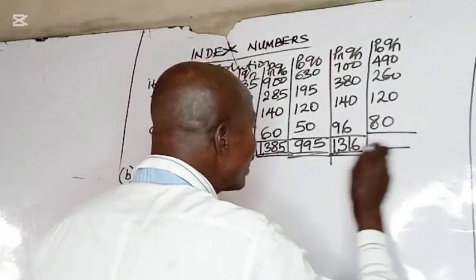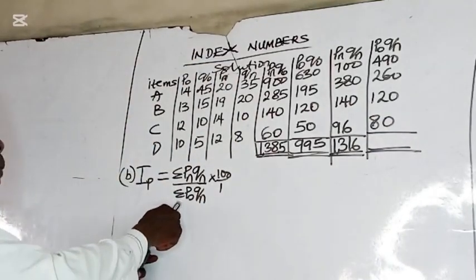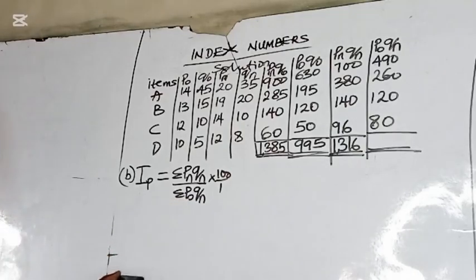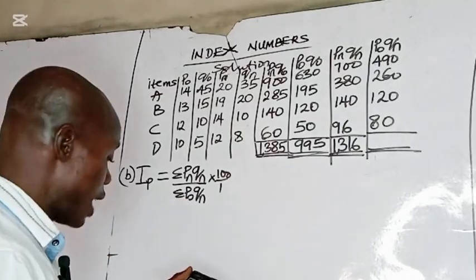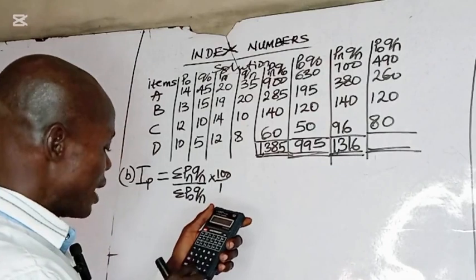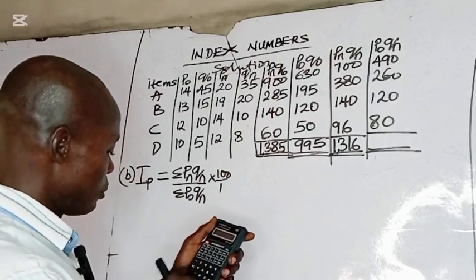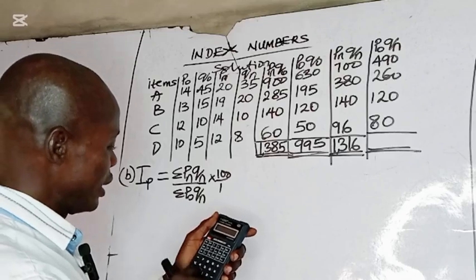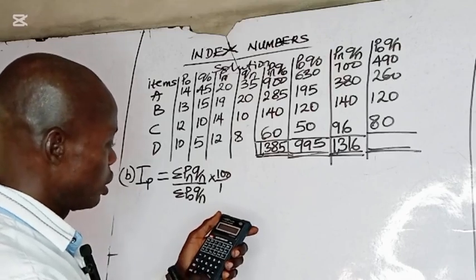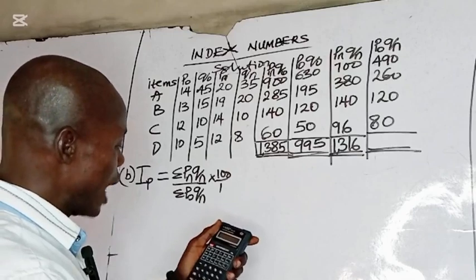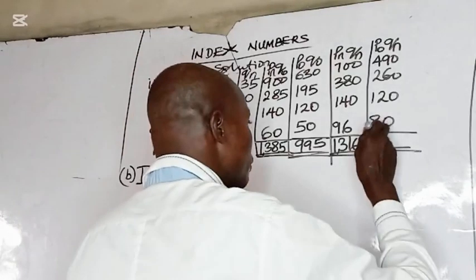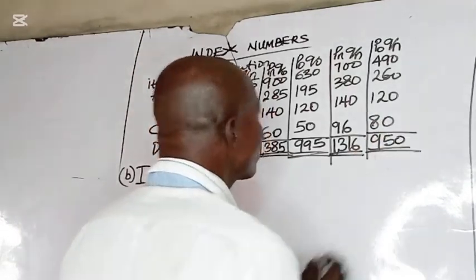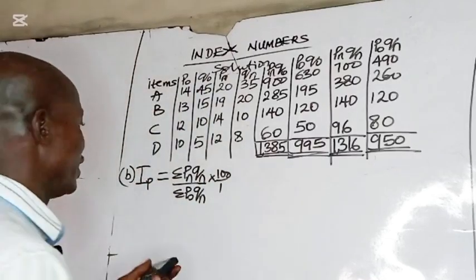By virtue of this formula, we need sum of POQN. So you sum up everything to get the total. 490 plus 260 plus 120 plus 80. That is totaled 950. Therefore, the sum of POQN is 950.